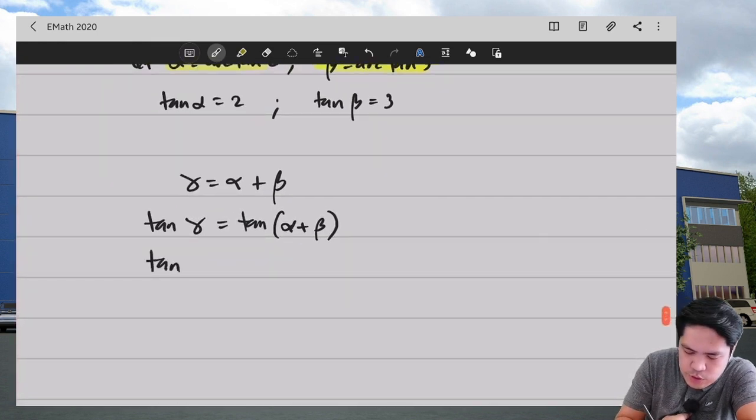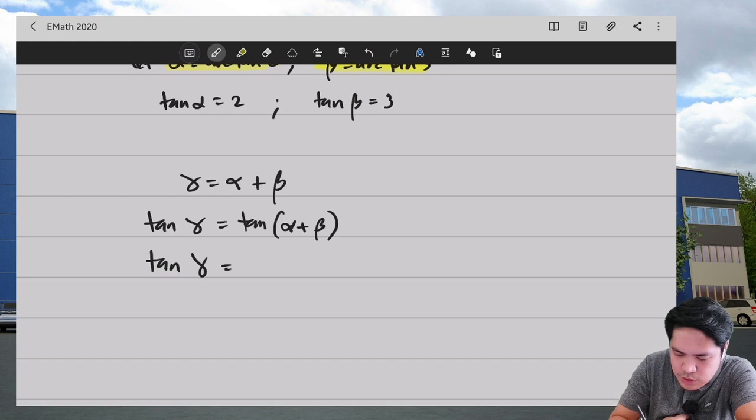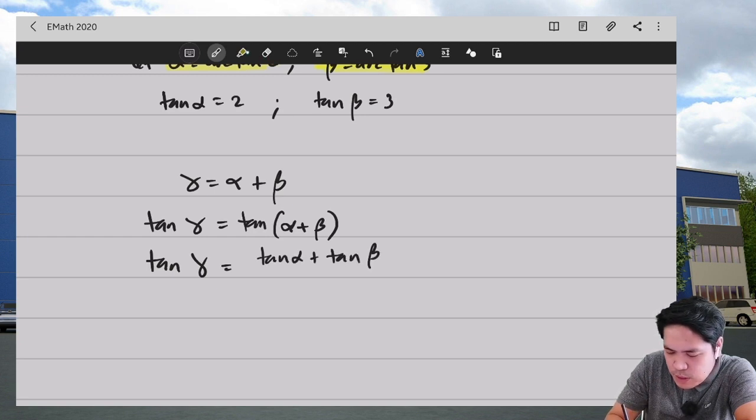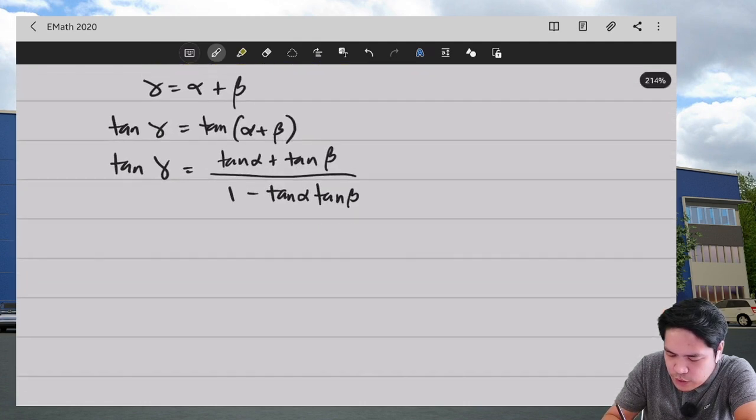So tangent gamma is equal to the identity for the tangent of alpha plus beta, which is tangent alpha plus tangent beta, the sum and difference angle identity, divided by 1 minus tangent alpha tangent beta.